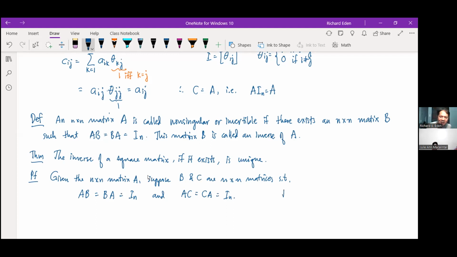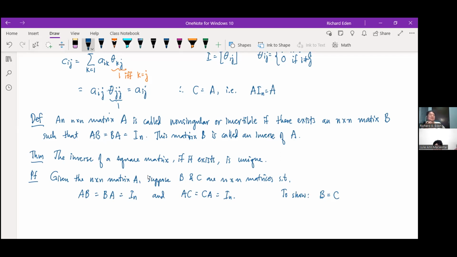So what are we going to do in this theorem? We're going to show that it must be true that B and C are one and the same matrix. Kumbaga, to prove there's only one thing, there's only one result, we prove that the many results are just the same.